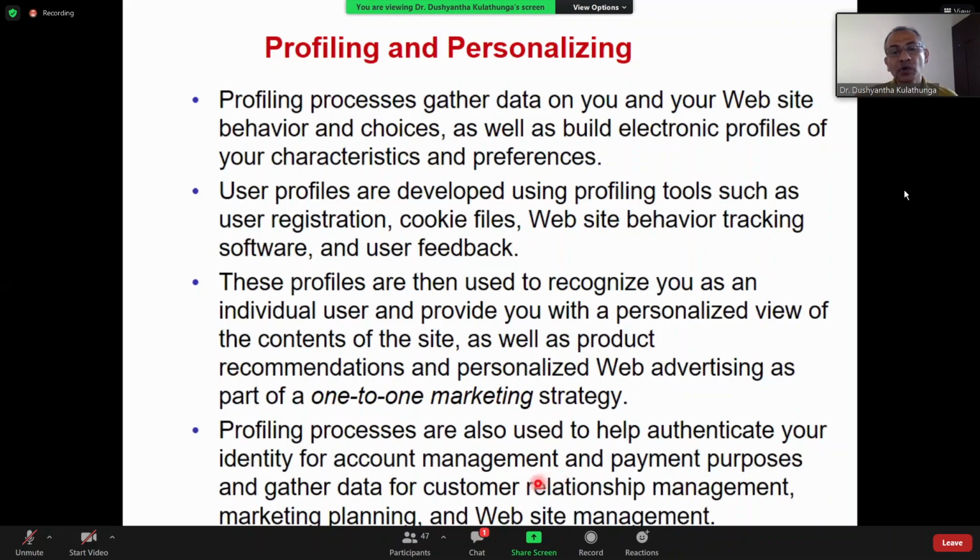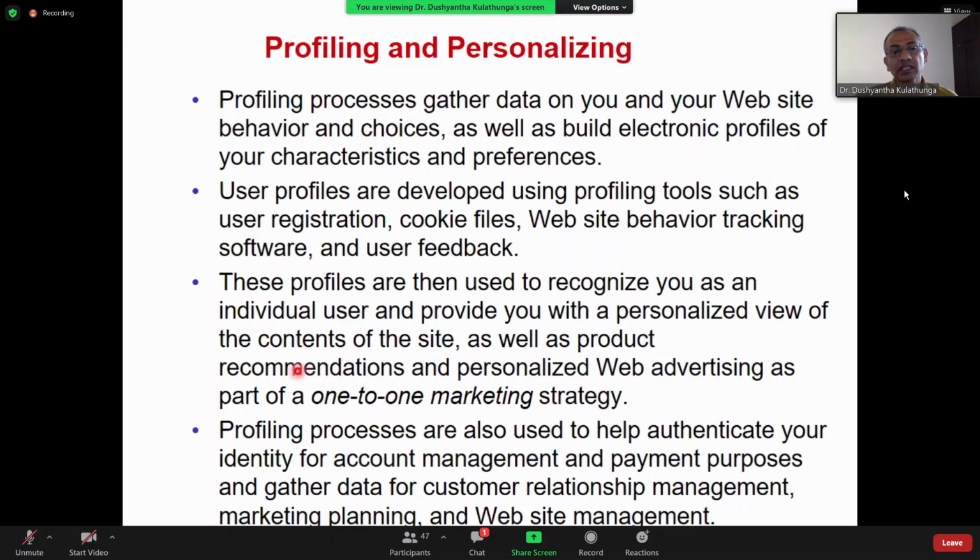If you interact with an unknown customer, you may or may not be effective. But if you know the particular customer in advance, definitely you are in a position to interact in a more effective manner. So learning about individual customers can be done through the electronic profiles.